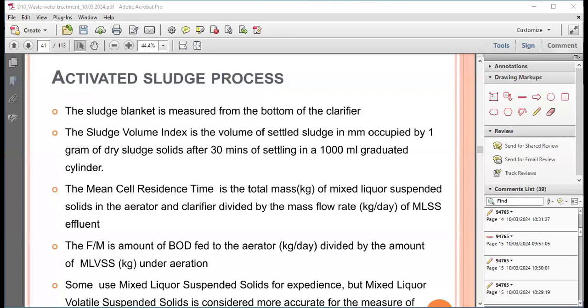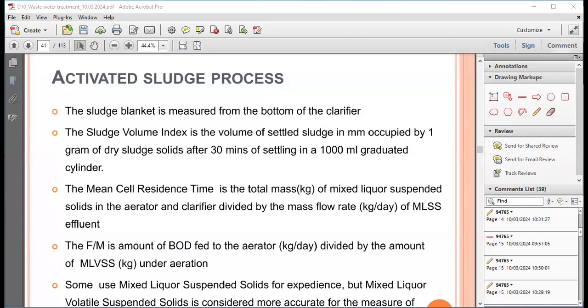So simply you can remember, sludge means the mud. Mud is produced from wells, under the water, rivers and ponds.